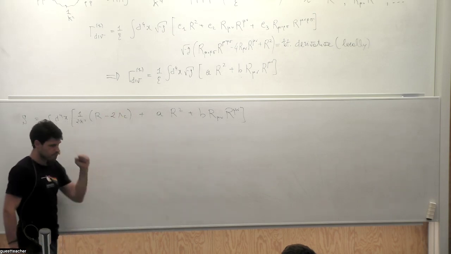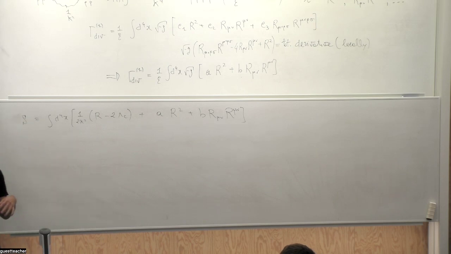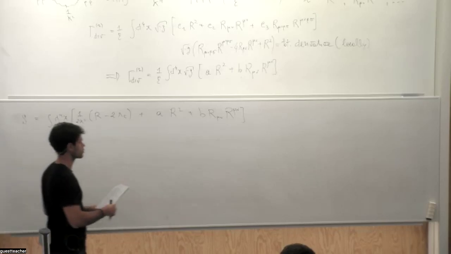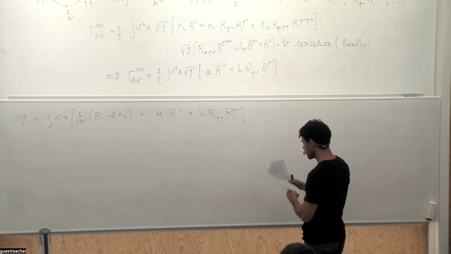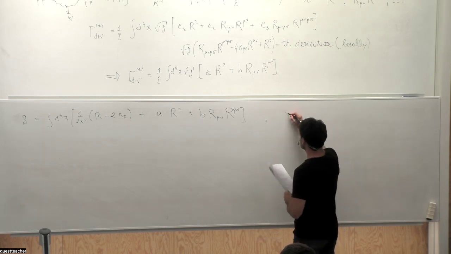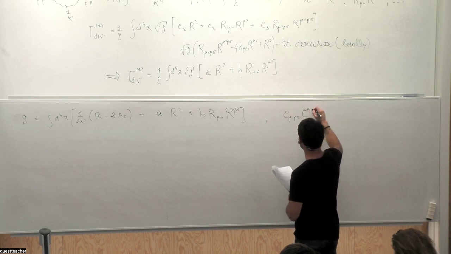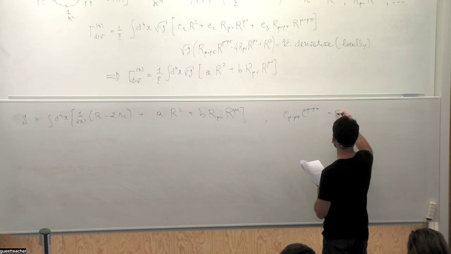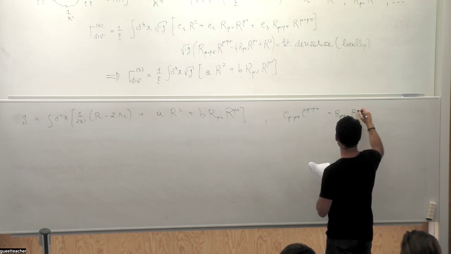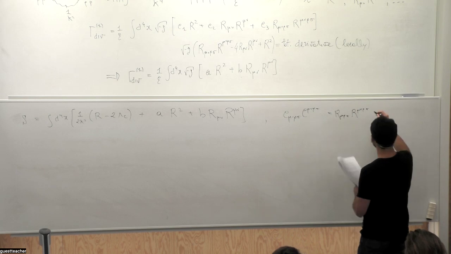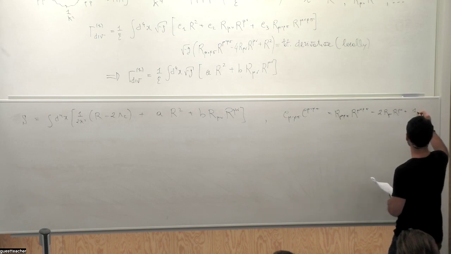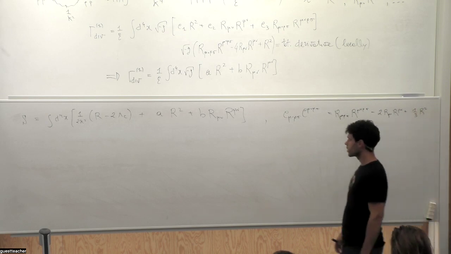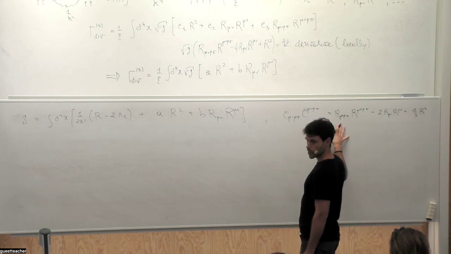So you have this. But it's more convenient to write this Lagrangian in terms of another combination. There is another tensor we can introduce that was introduced yesterday by Anna, which is the Weyl tensor, whose square is the following. But then you can also use the Gauss-Bonnet identity.